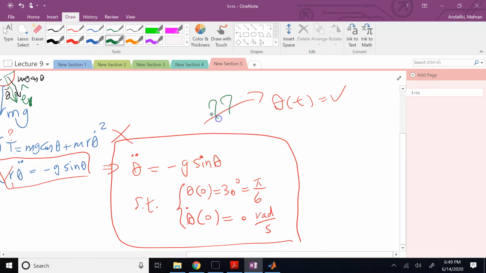There is no way so far, and they proved it's not possible with ordinary functions that we have, that you can find a simple solution to a function for which, if you take twice time derivative, it gives you negative g times sine of that function. So nobody so far could have solved this second order nonlinear problem. It leads to an elliptic integral of second type, which nobody could have solved.